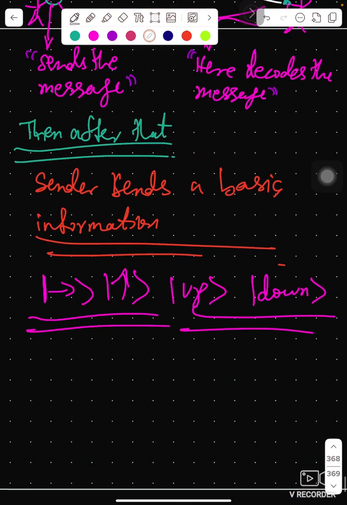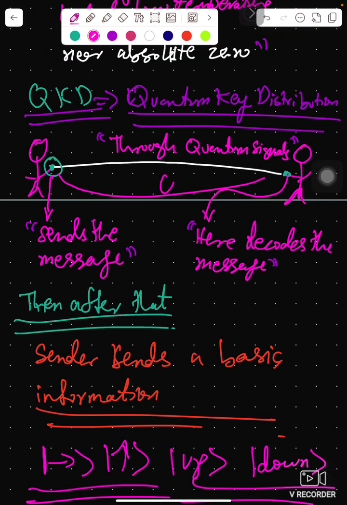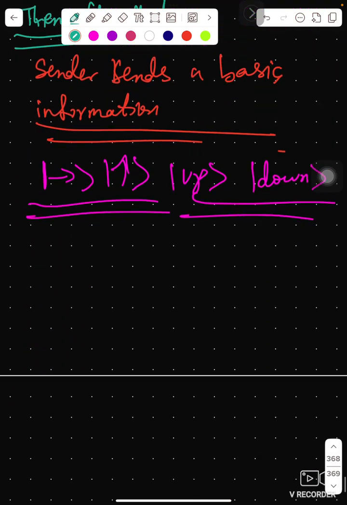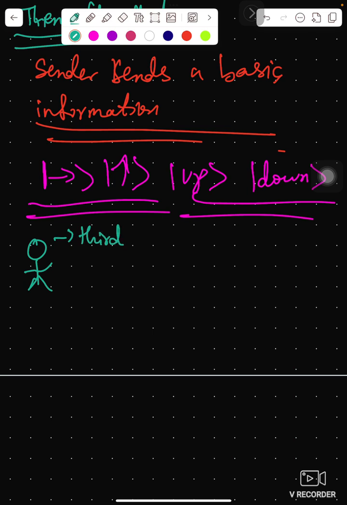But let's suppose we have a third person in this information sending, and he also looks at the message, and then the message goes, of course, to the other person as well. So what will happen is the third person is the decoherence here.